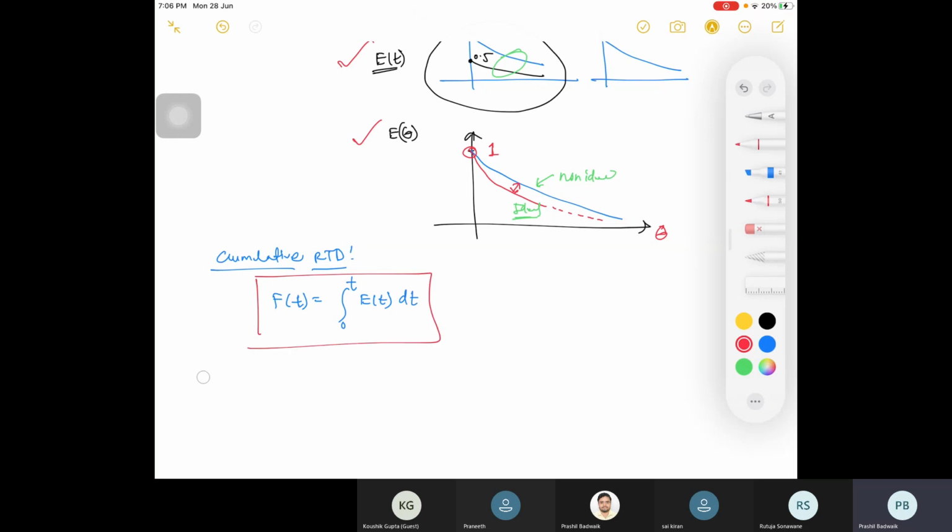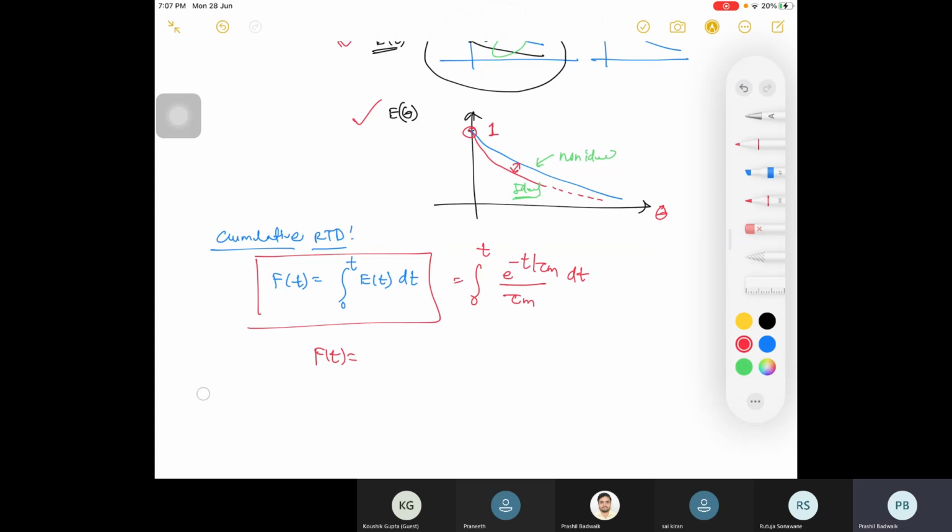According to this definition, please substitute your E(t) value and calculate F of t. The integral of e to the power x is e to the power x divided by the coefficient of x. So you have e to the power minus t by tau m divided by minus 1 over tau m.